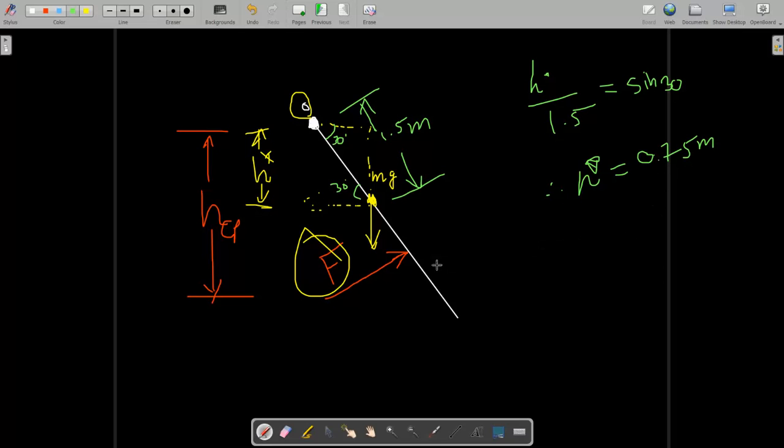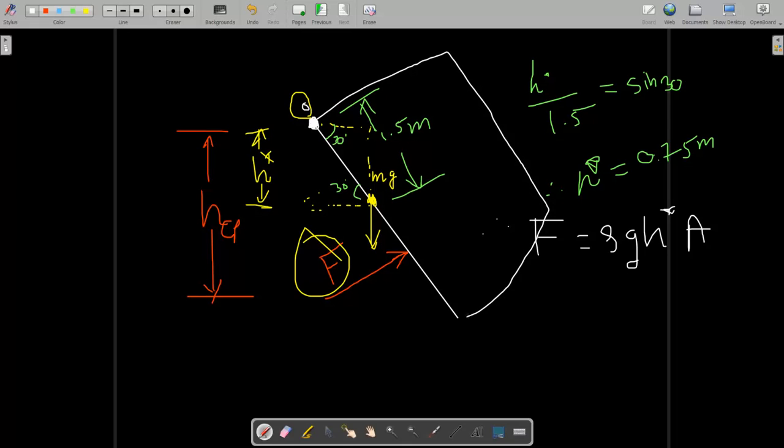Now how much force is acting on this body? Hydrostatic force, as I explained in the previous lecture, is rho g h star into area. That means the depth of this centroid from the vertical, into the area. Area is what? The area of this whole gate.